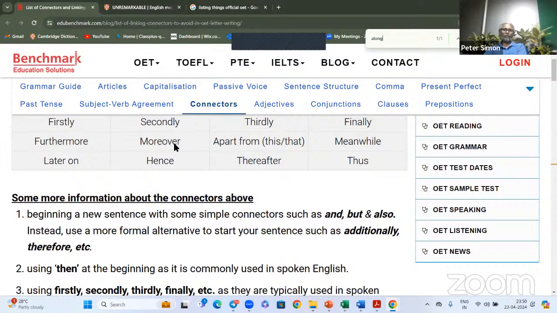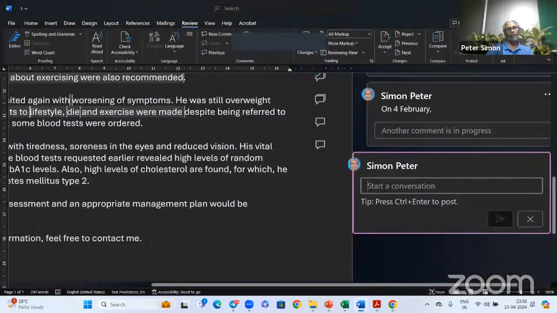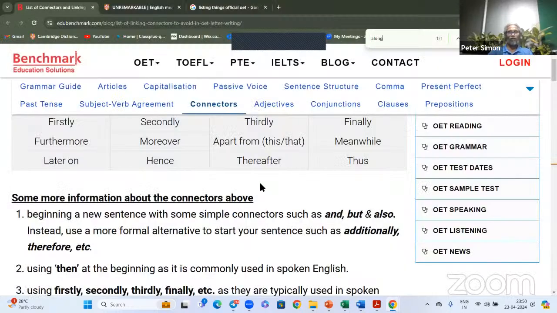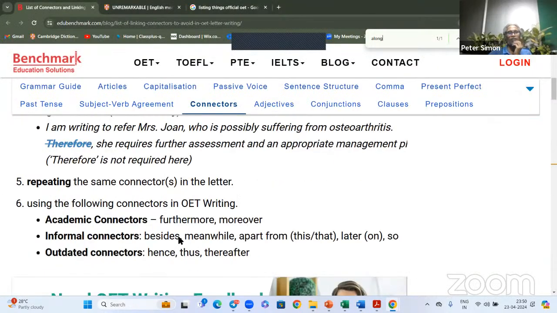Moreover, furthermore, you cannot use this word. So avoid the word moreover in the official OET.